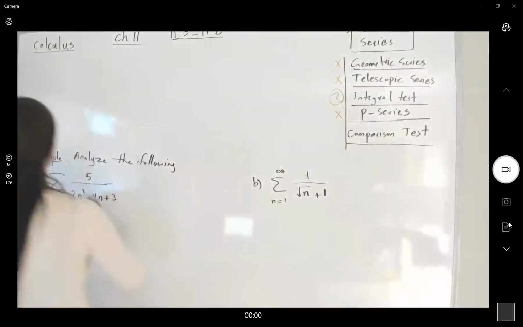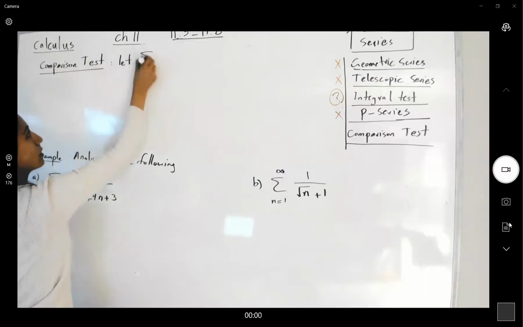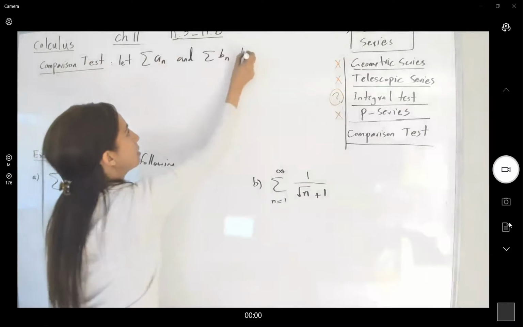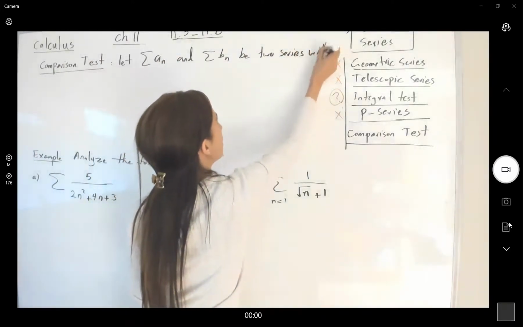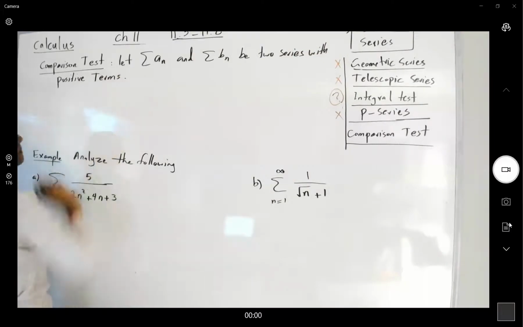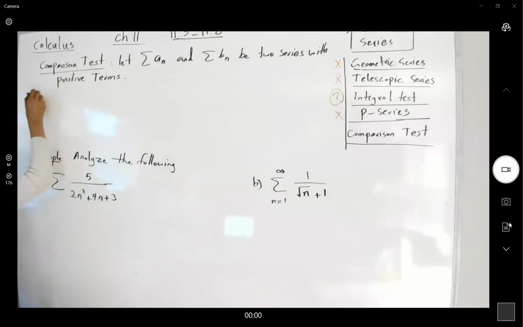Comparison test: let the series AN and BN be two series with positive terms. Only positive terms. You have two cases.